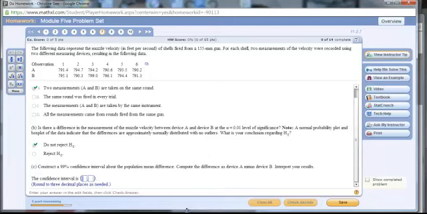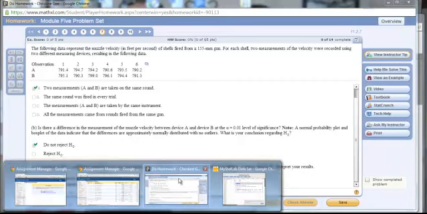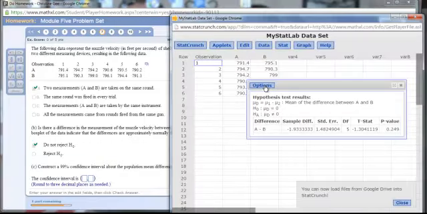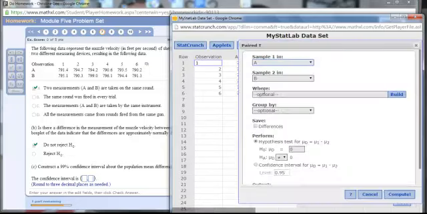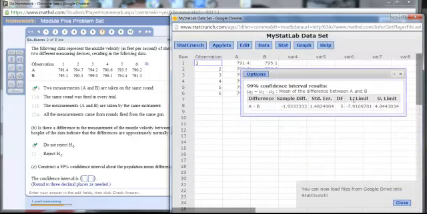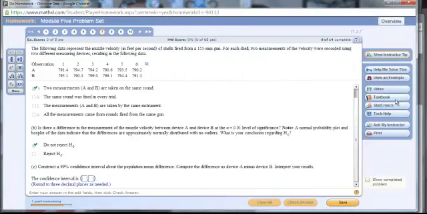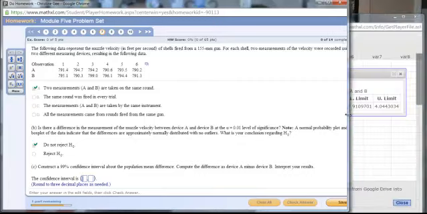Okay, a 99% confidence interval for the population mean difference. Let's take a look at that. I like to just go in here and click edit, and instead of doing the hypothesis test, we're going to do the confidence interval at 0.99, compute it, and then here we've got our lower limit and our upper limit. So we just type these in.